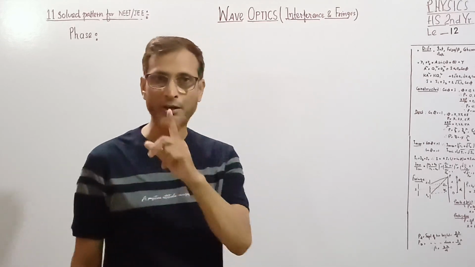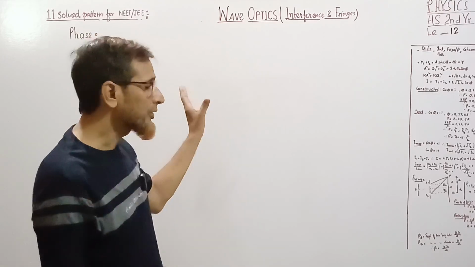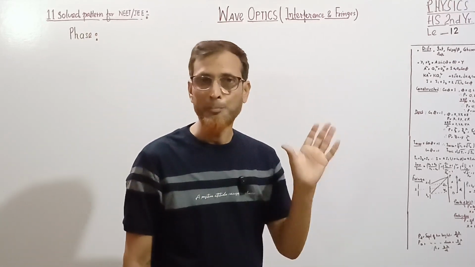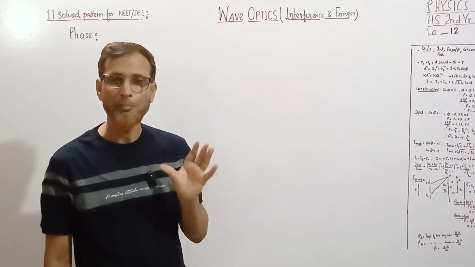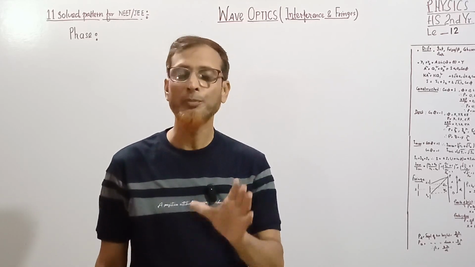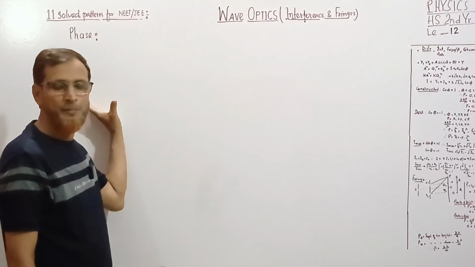Why? The answer cannot be explained by ray optics. Number two, an electron microscope can explain the minuscule details of an object or an atom, but a visible light microscope cannot. Why? That cannot be explained by ray optics.